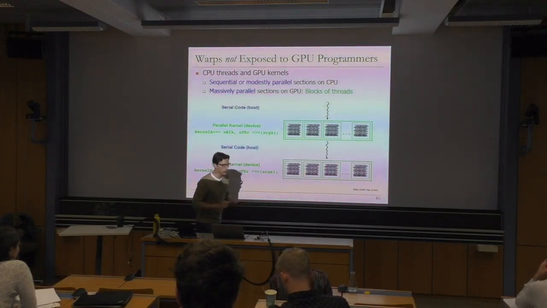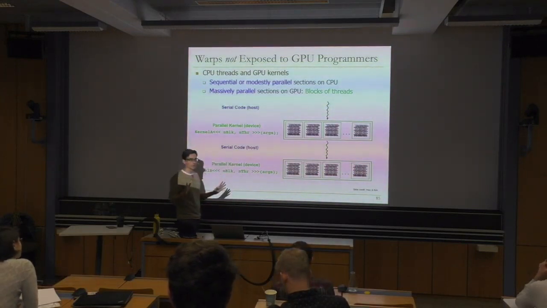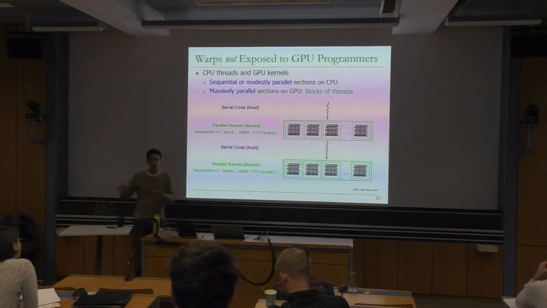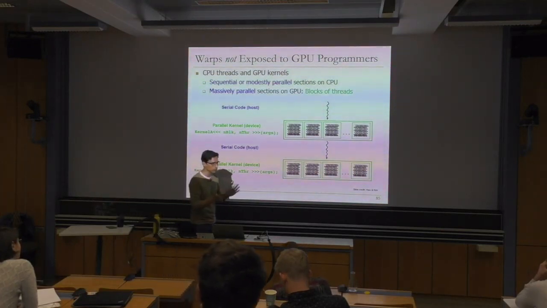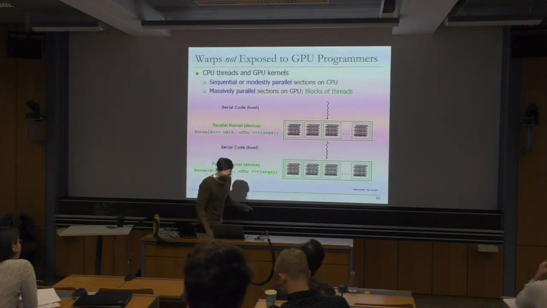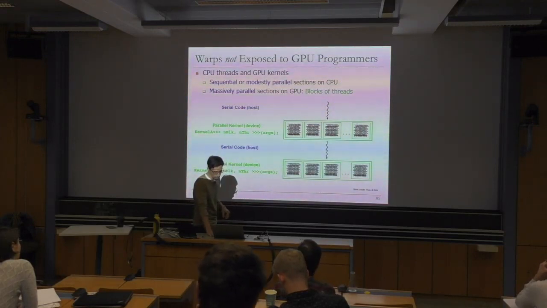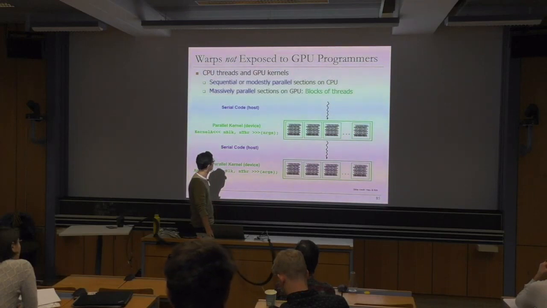Observe one thing. This block is a software concept, independent of the warp. But we will see how they connect to each other. We're going to see that in 2 or 3 slides.